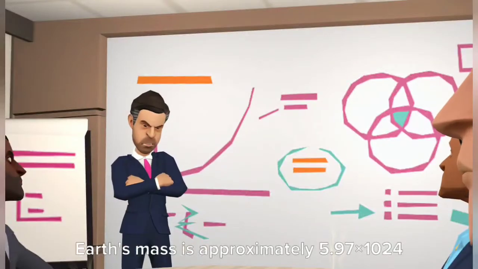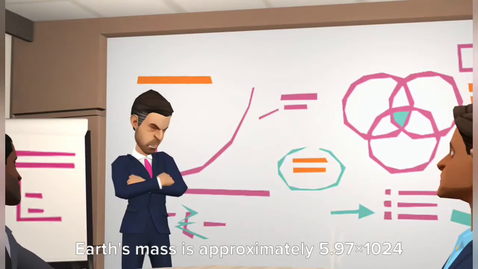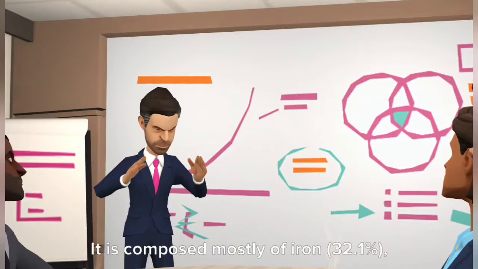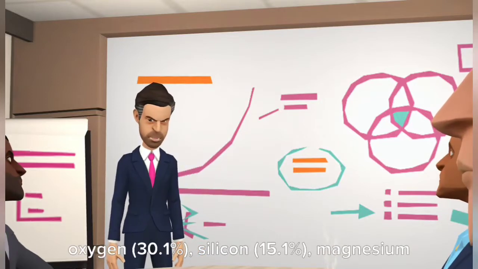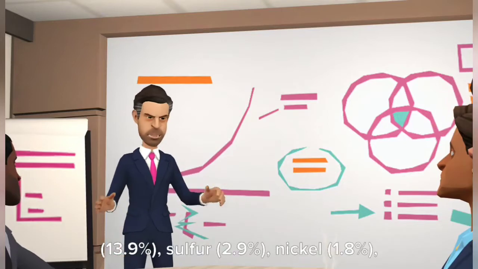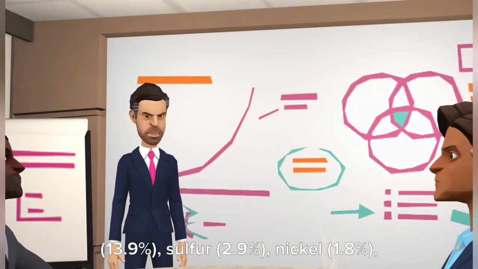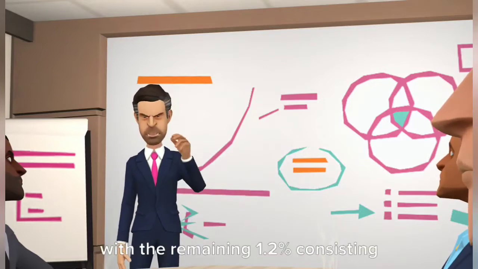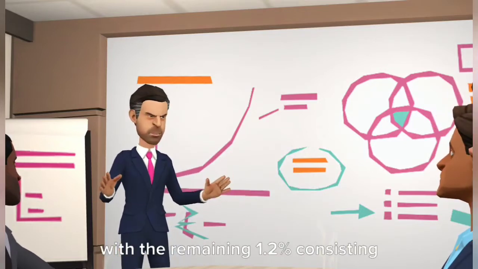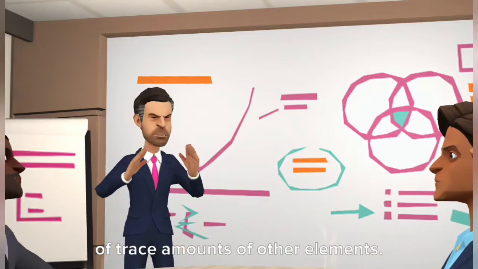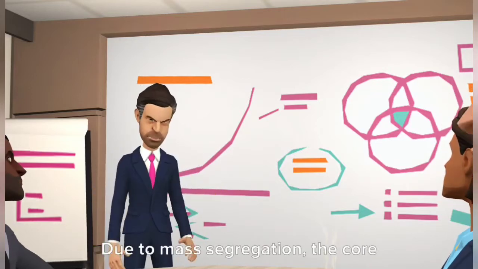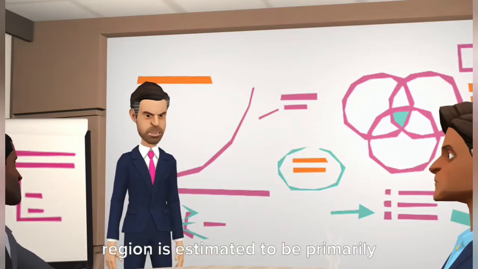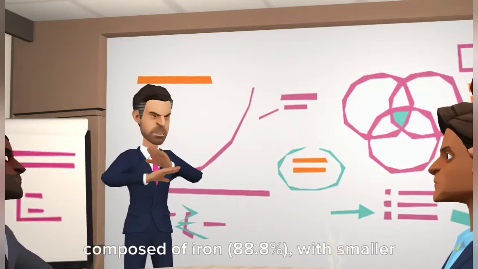Earth's mass is approximately 5.97 times 10^24 kilograms. It is composed mostly of iron, 32.1%, oxygen, 30.1%, silicon 15.1%, magnesium 13.9%, sulfur 2.9%, nickel 1.8%, calcium 1.5%, and aluminum 1.4%, with the remaining 1.2% consisting of trace amounts of other elements.